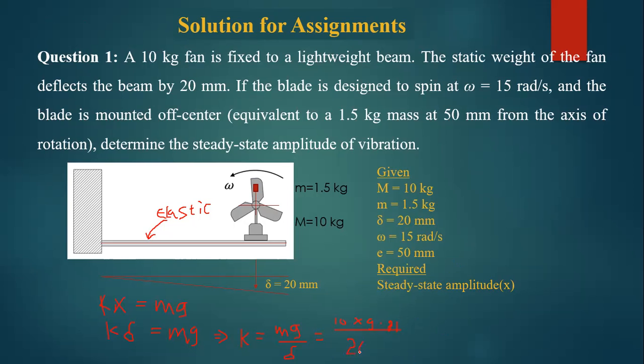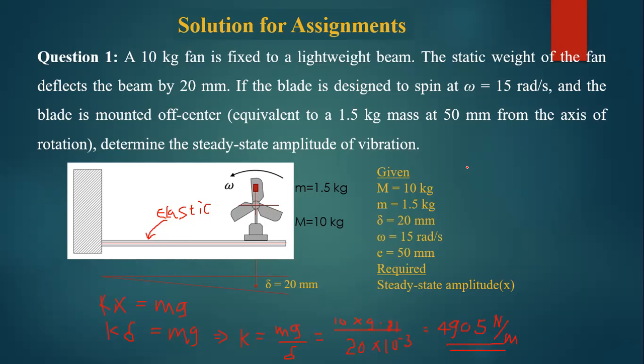We have to use the metric system. This gives us the stiffness of the beam, which equals 4905 Newton per meter.